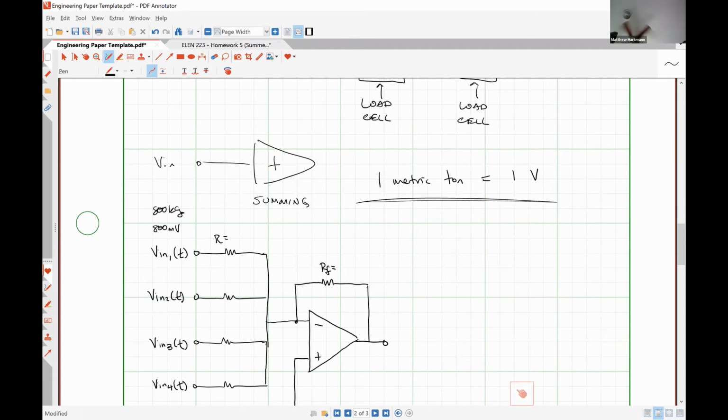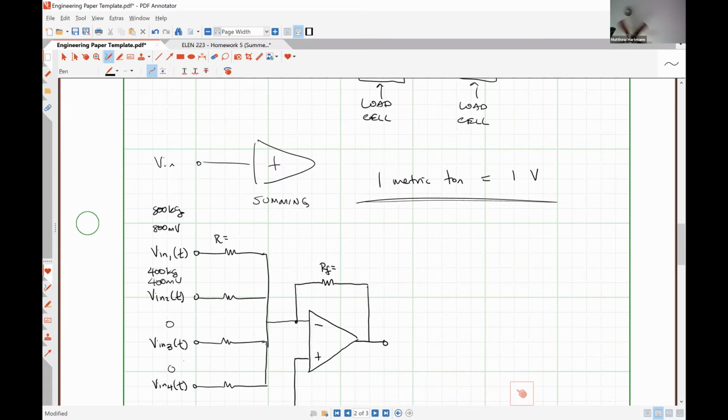Yes or no? Okay. Yes, sir. And let's say on VN2, I have somehow only 400 kilograms. Maybe the people in the car have distributed the weight inside very poorly. So this should be 400 millivolts. And let's say these guys are 0 and 0 just to make our math easy for now.